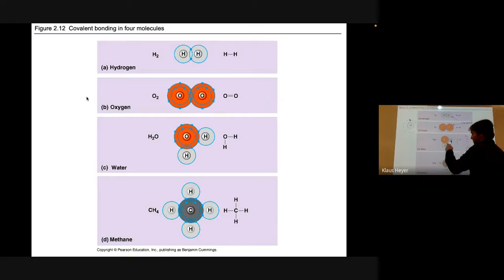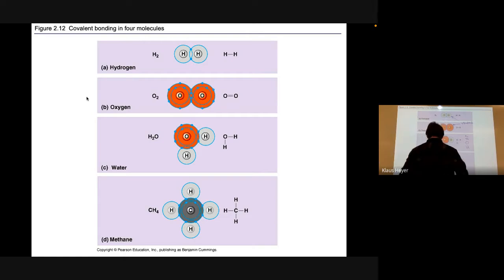Same thing here. If you look at oxygen, if I were to draw out oxygen, I'm going to put OXY in here in the nucleus. But we know that the atomic number of oxygen is what? 8.